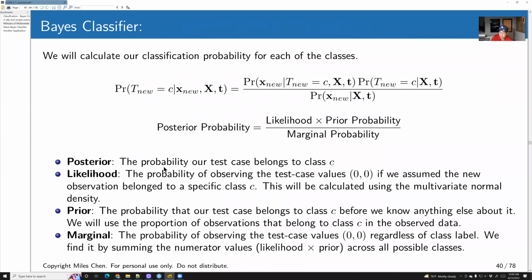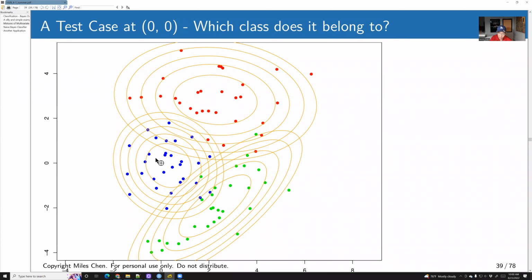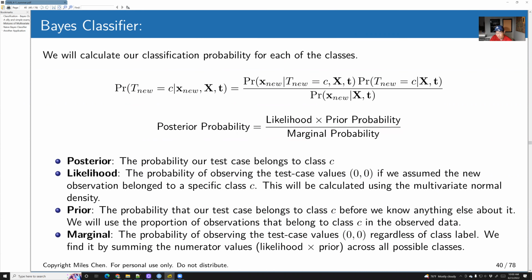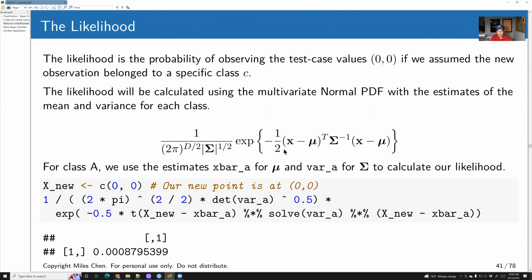So we use the Bayes classifier, and we're going to say, what is the likelihood multiplied by the prior probability divided by the marginal probability? The probability that it belongs to class blue is the likelihood that blue generated a point at 0, 0 times the prior probability divided by the marginal probability. But let's just look at the numerators here.